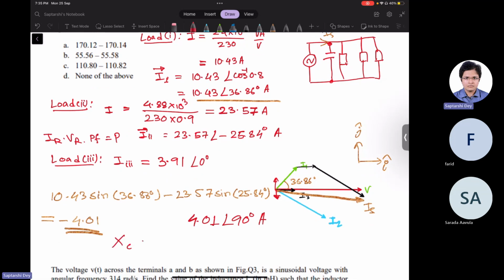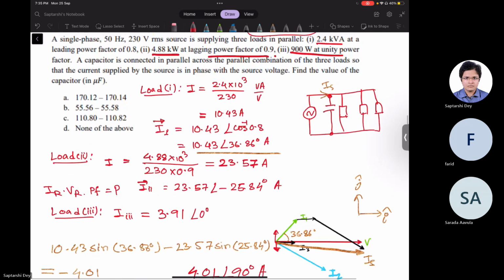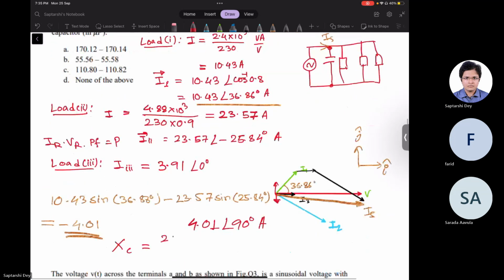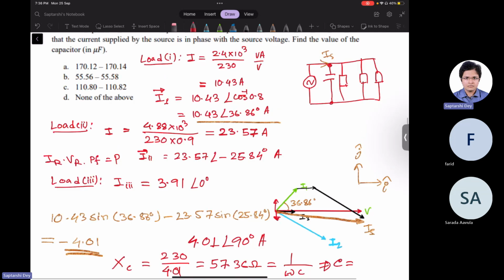So XC comes out to be 230 by 4.01, which is 57.36 ohm, which is 1 by omega C. Omega is 100 pi, 50 hertz.